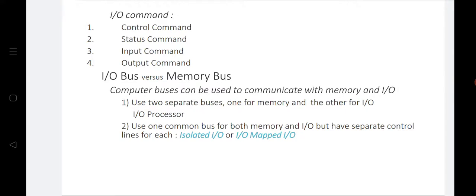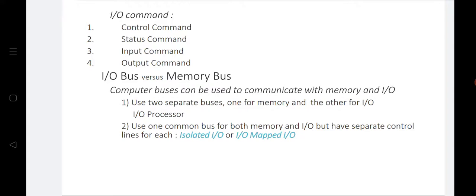So when we talk about this IO bus and memory bus, I can use two separate buses. One for memory data transfer, I will be using this one bus, and another bus for your IO processor. If that is not the case, then we will be using a common bus.